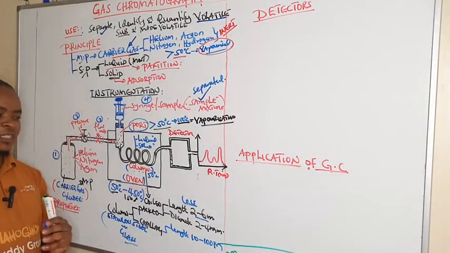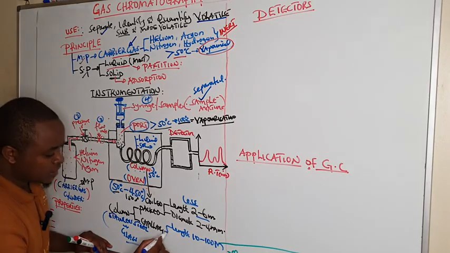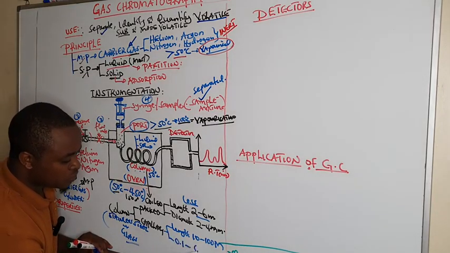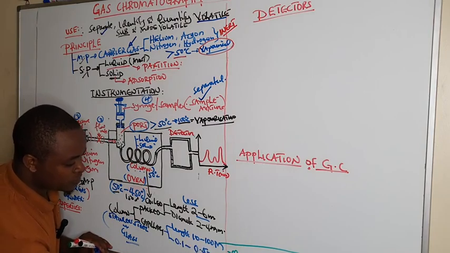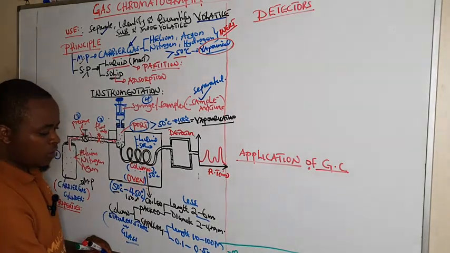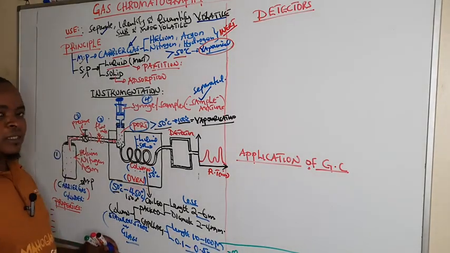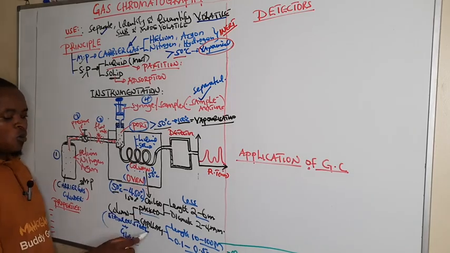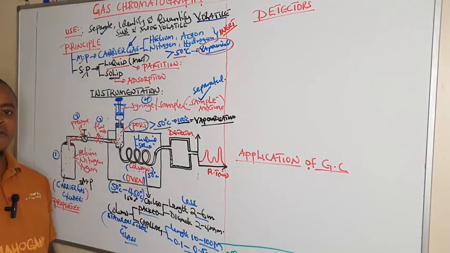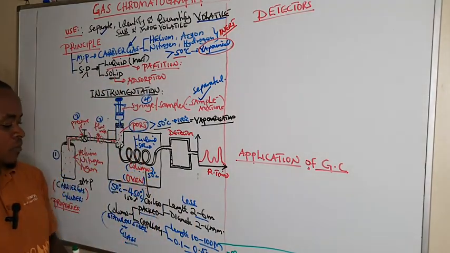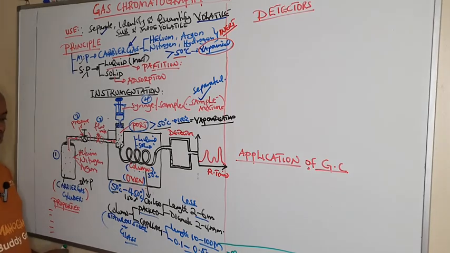So you see, it is very long. And its internal diameter is between 0.1 to 0.5 millimeters. That's why capillary is preferred to the packed column. Why? Because capillary is more efficient than the packed column.